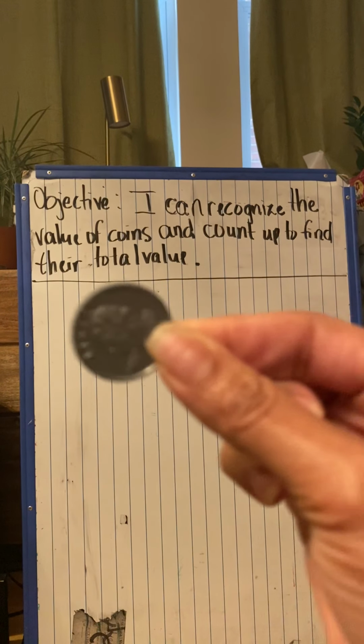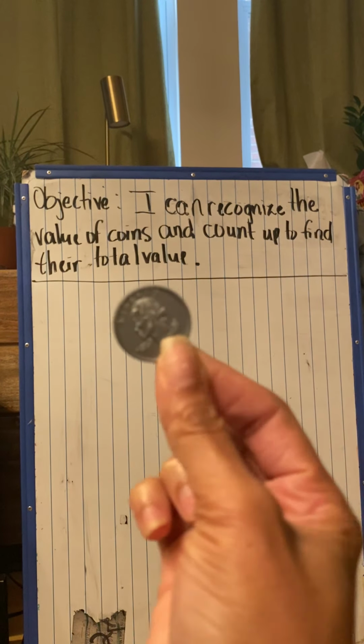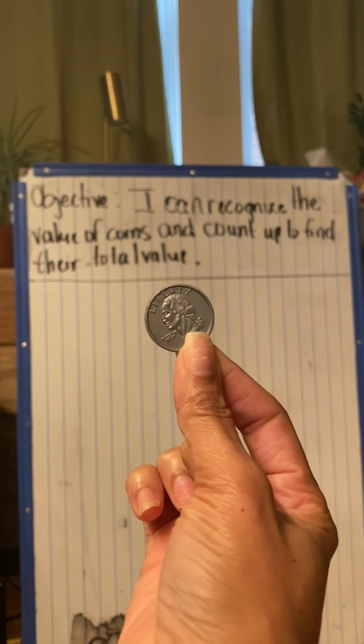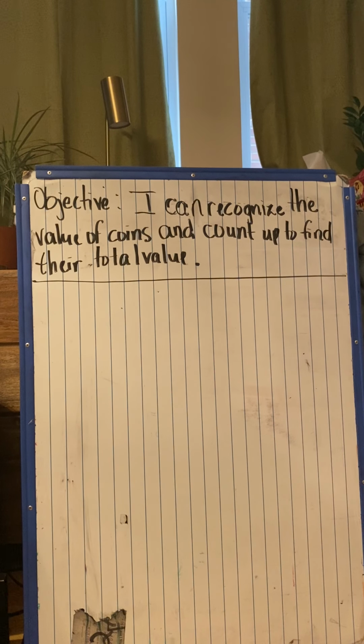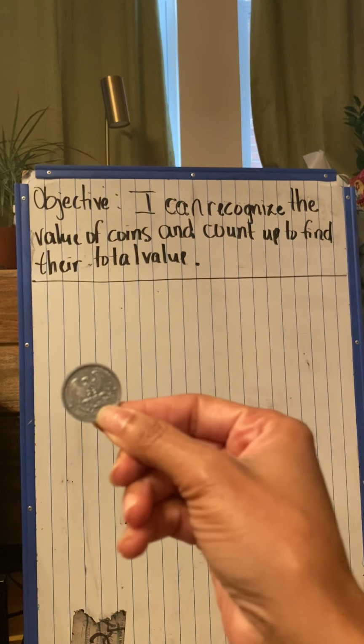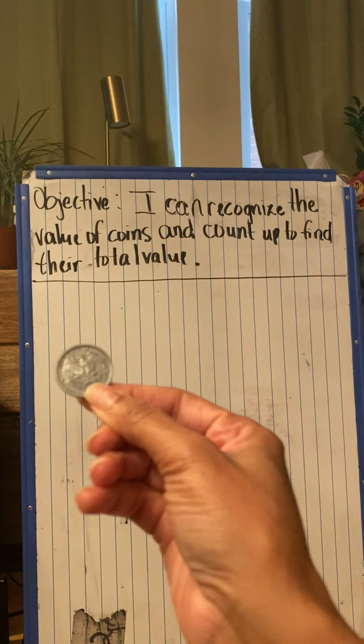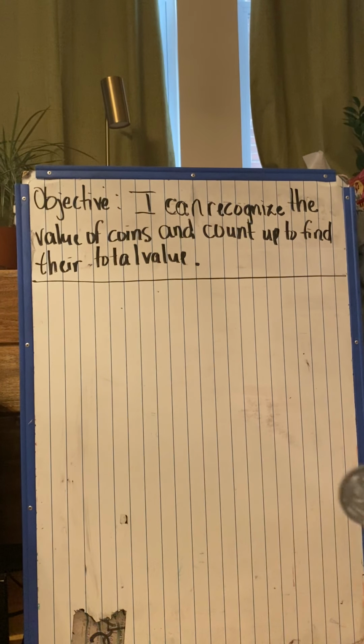This coin is called a what? Right, it's a quarter. A quarter has a value of, oops, dropped my quarter. How much is a quarter worth? 25 cents.